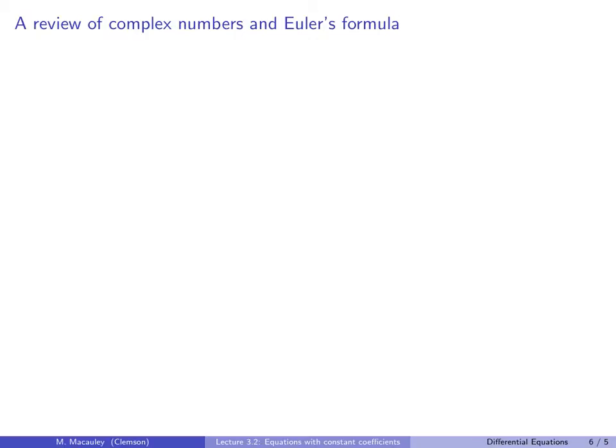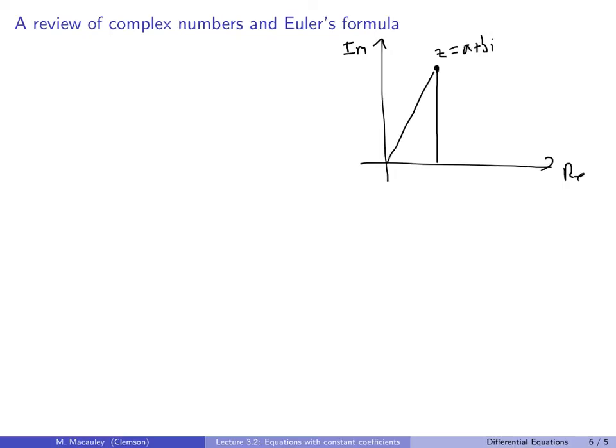So in the complex plane, let me sketch it like we did last time. This is the real axis, this is the imaginary axis. A complex number like this, let's call it z. We're used to writing it as a plus bi, right? Where a is this length and b is that length.